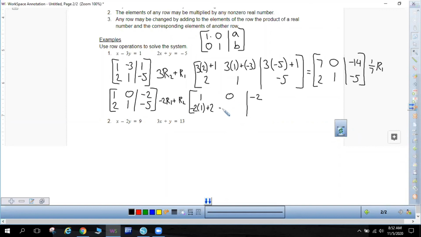In the next spot, we have -2 times row 1, which is 0, plus row 2, which is 1. And the last spot, -2 times row 1, which is -2, plus row 2, which is -5.